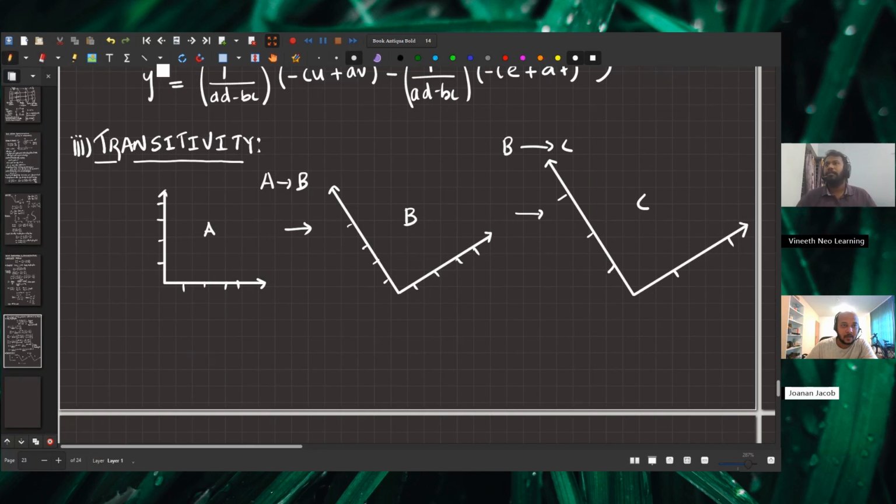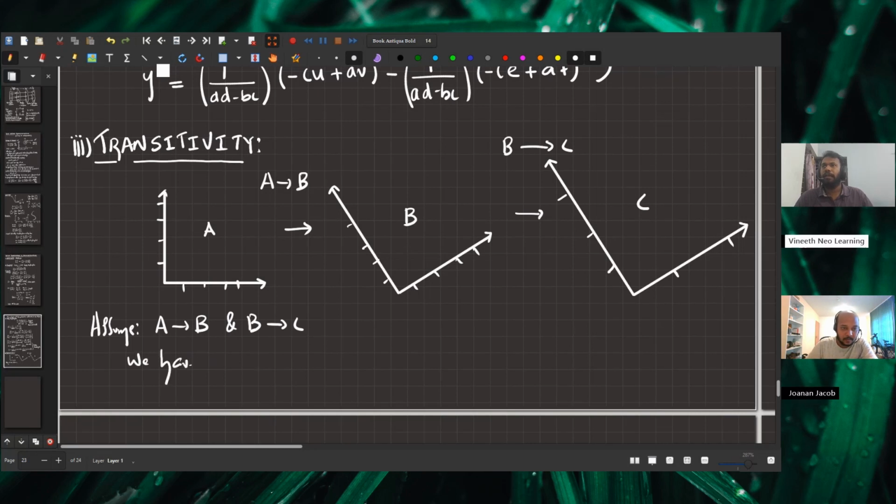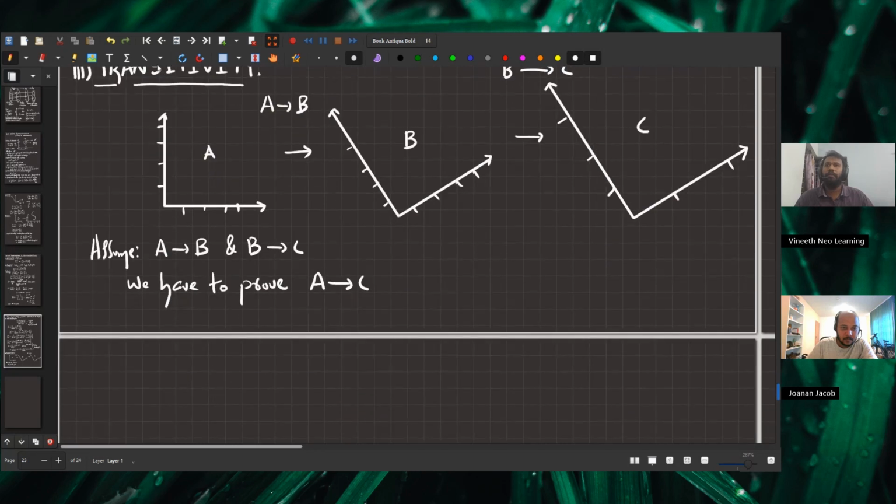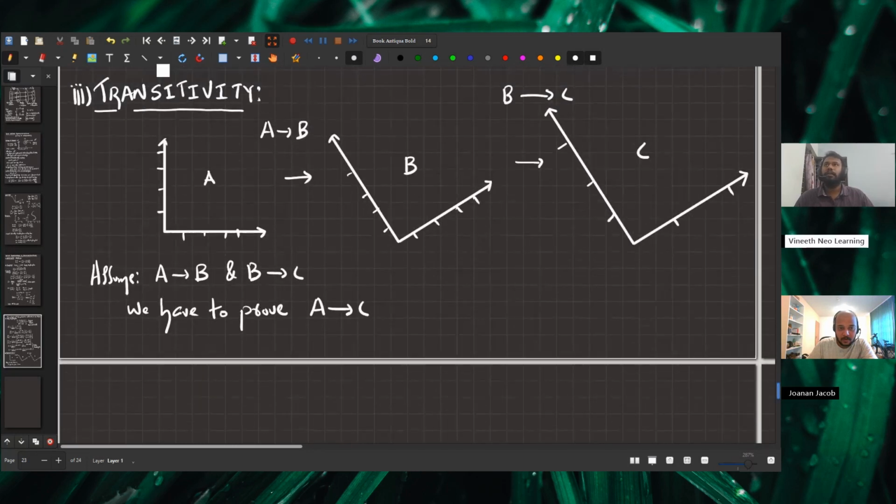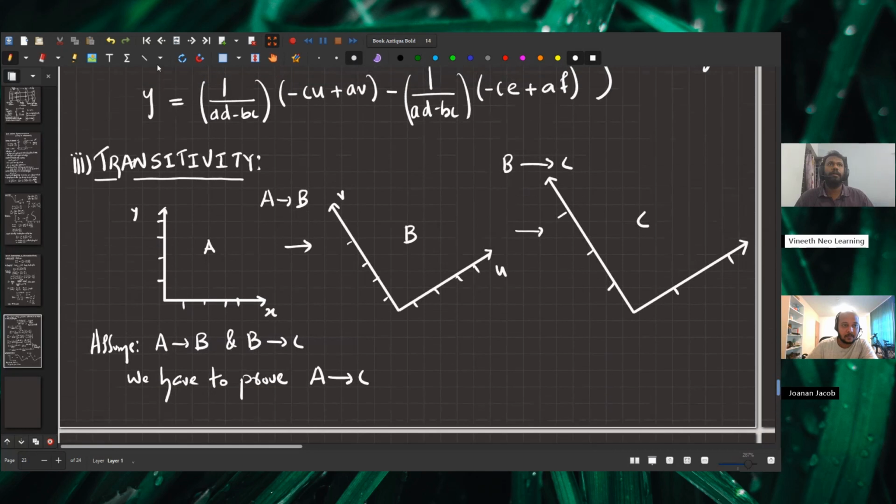So let's assume the transformations A to B and B to C. We have to prove A to C. Let's say this is XY, this is UV, and this is some ST coordinate system.